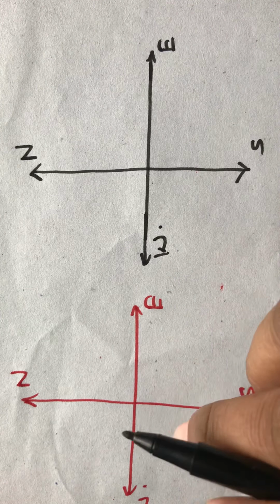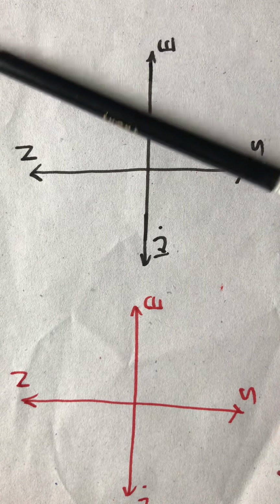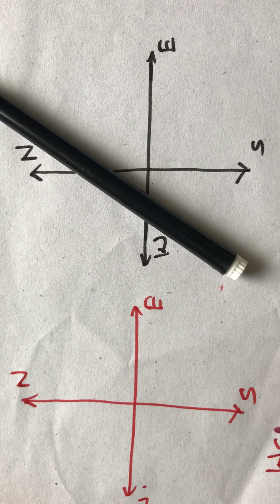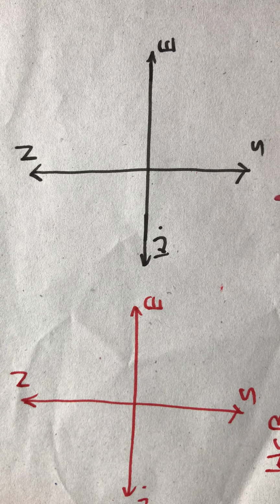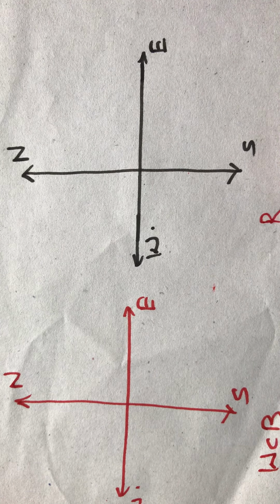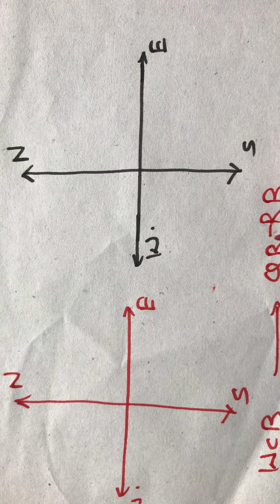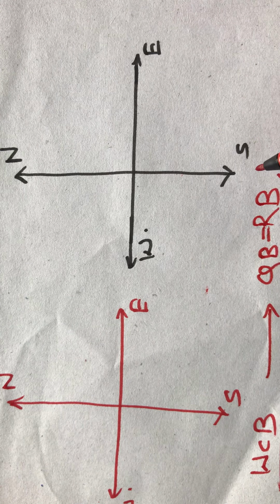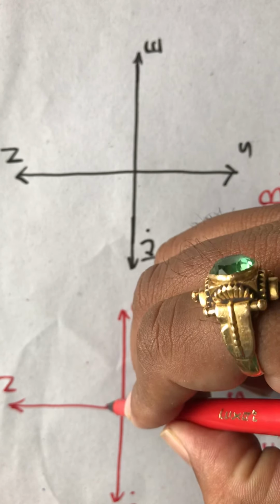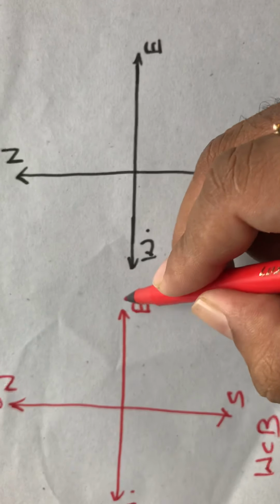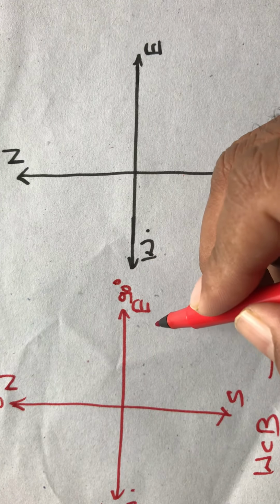Correct? So in this sketch we have the whole circle bearing, and we have the reduced bearing, because we are converting whole circle bearing into the quadrantal bearing.